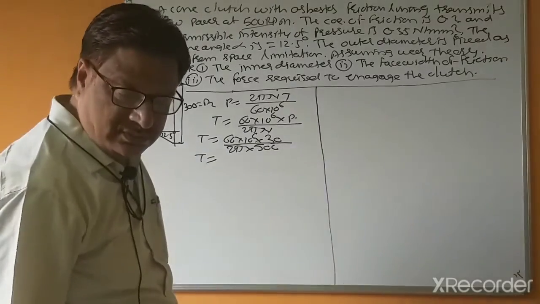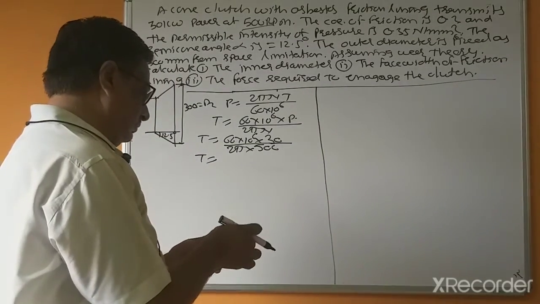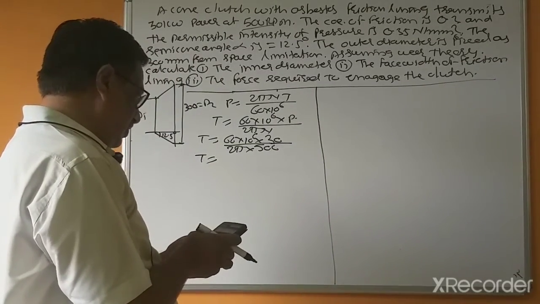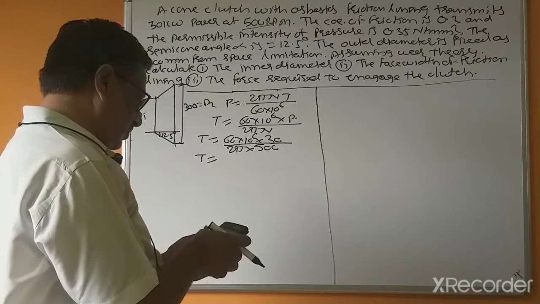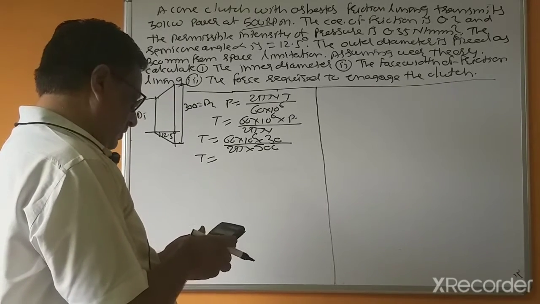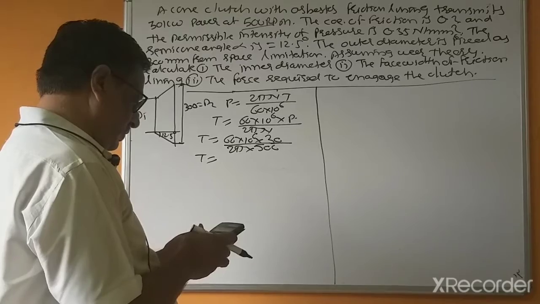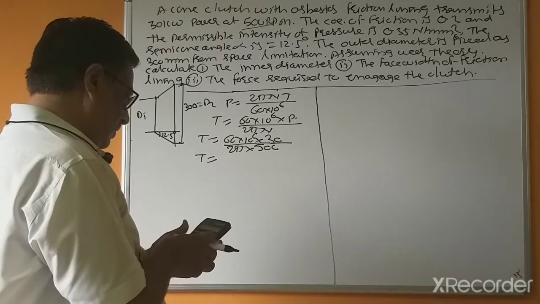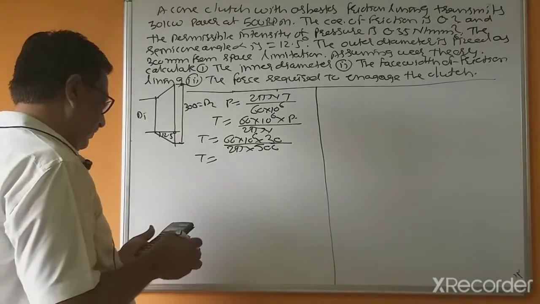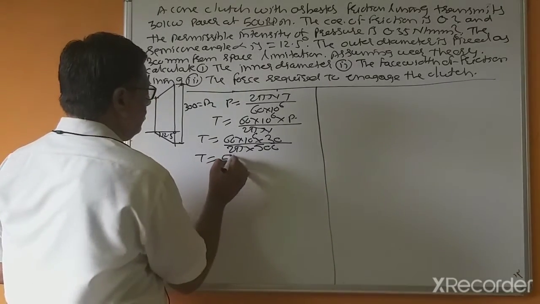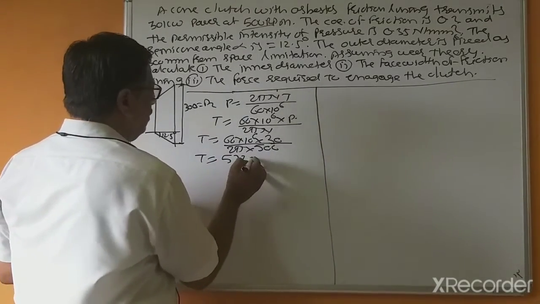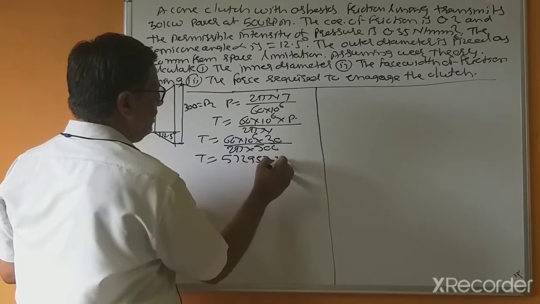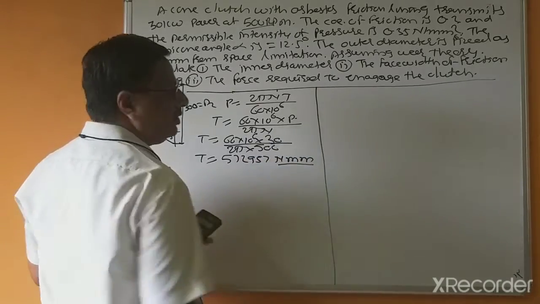T equal to 60 into 10 to the power 6 multiplied by 30 divided by 2 divided by pi divided by 500. That is 572,957 Newton mm.